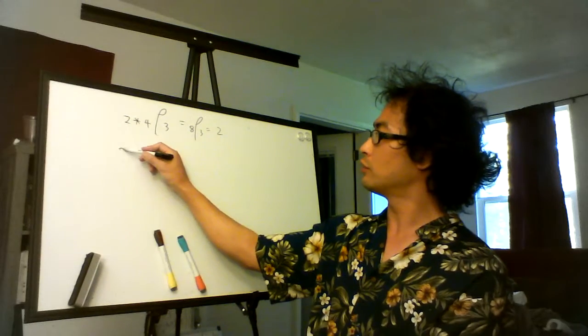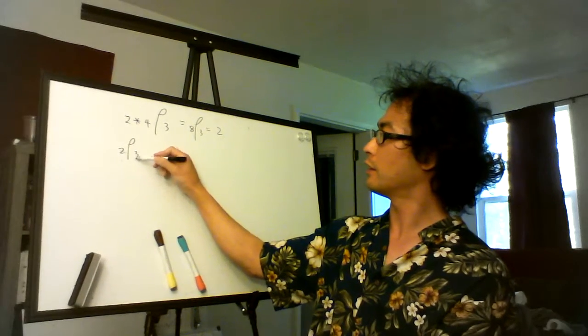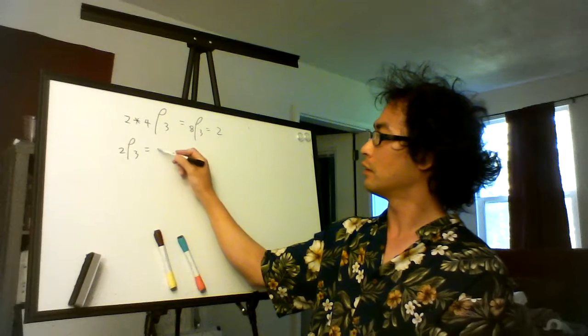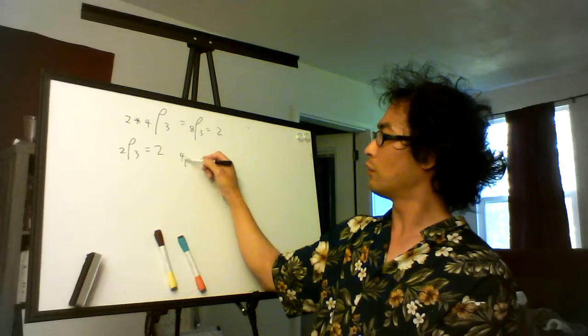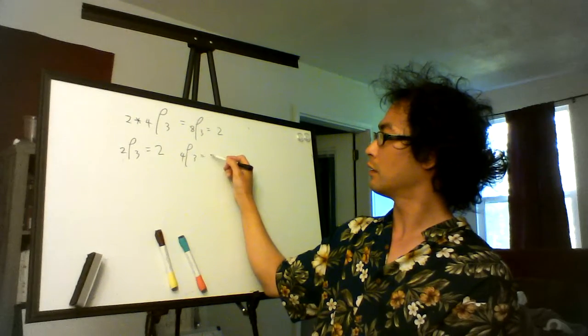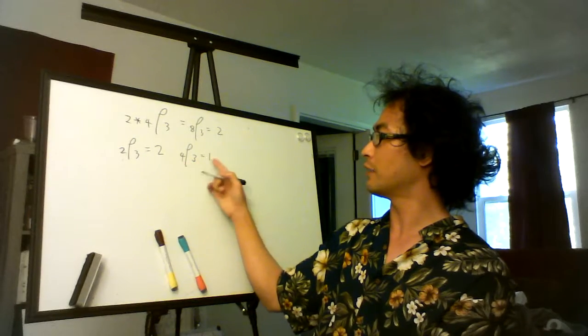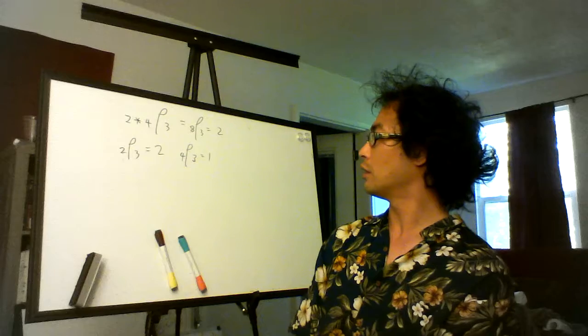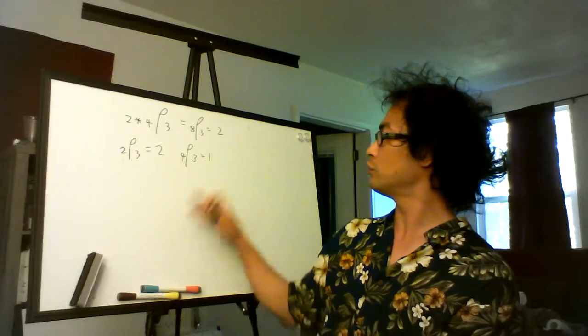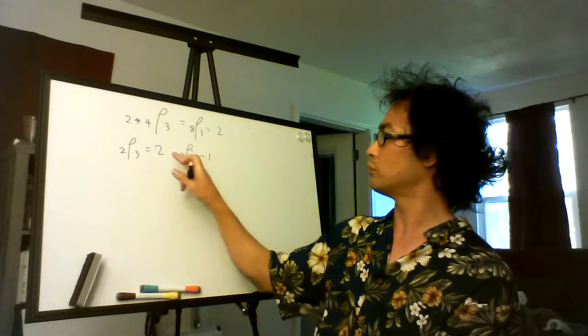How about 2 rho 3? 4 rho 3. What's the remainder when we divide by 3? 2 and 1. So 2 happens to be equal to 2 times 1.